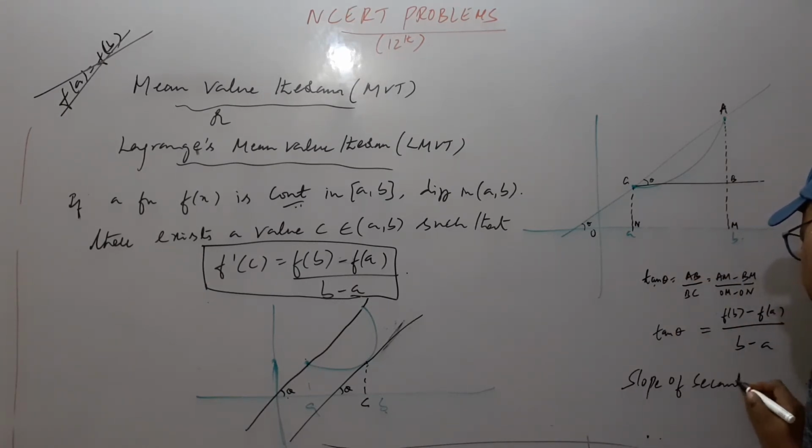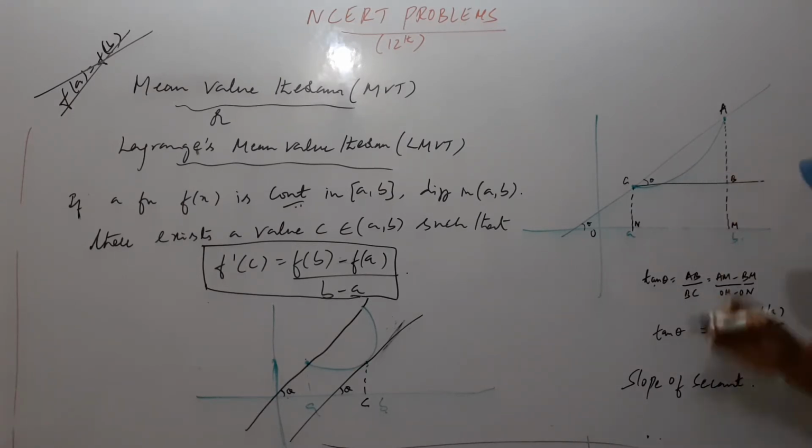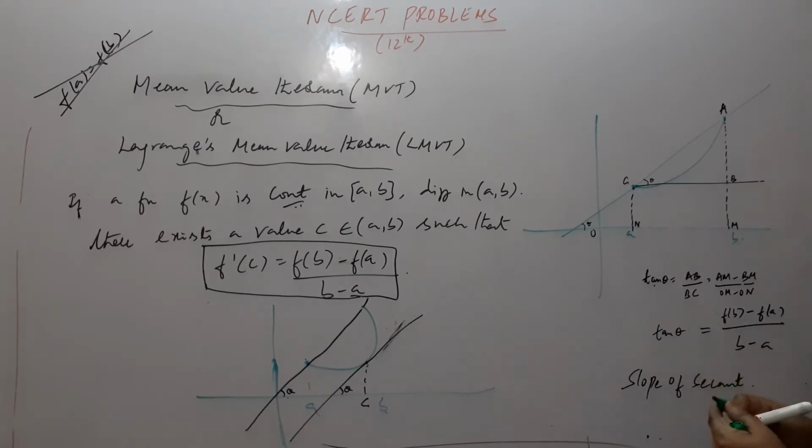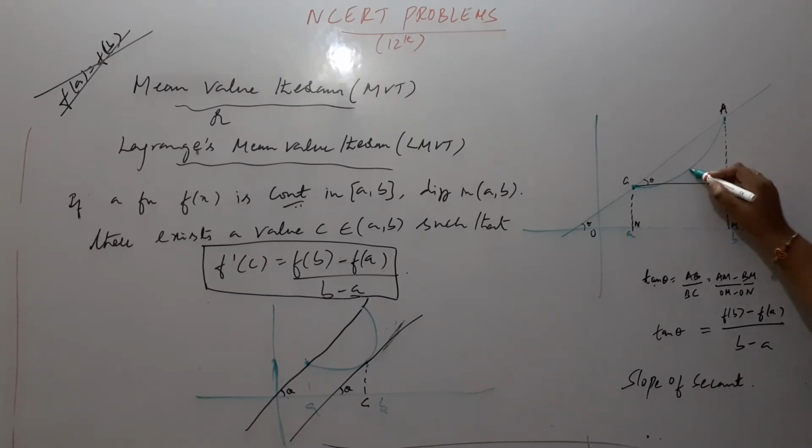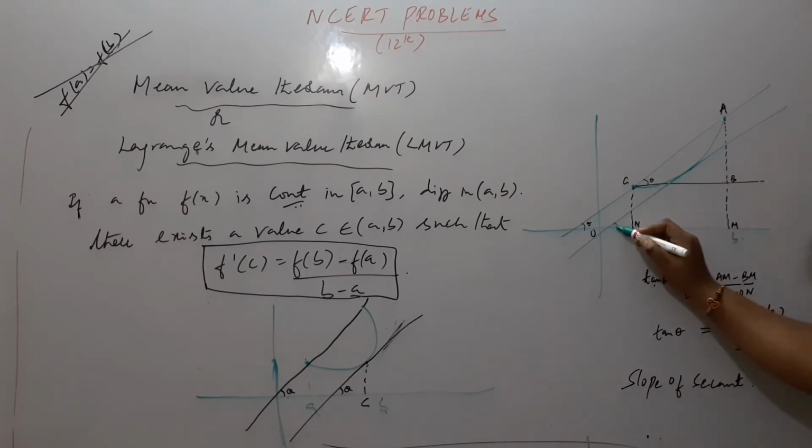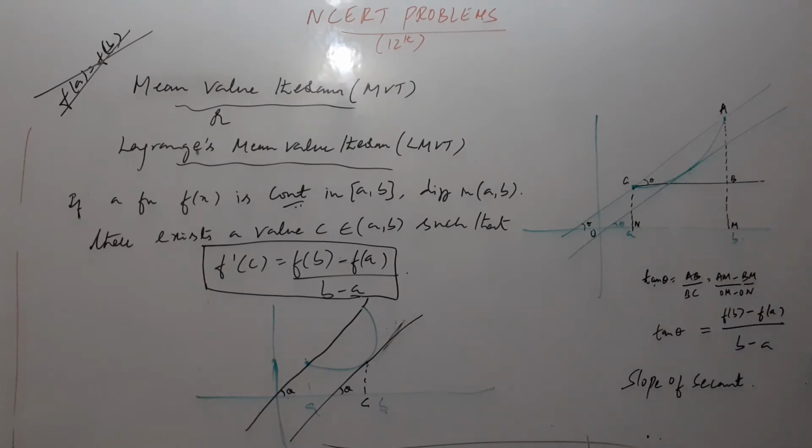Slope of secant. Now, as I told you, what if I draw a tangent parallel to the secant at this point? I am going to draw a tangent parallel to the secant. Let me draw that. This is the tangent. Because the angles are equal, if this is theta, this will be theta, the slopes are also equal.